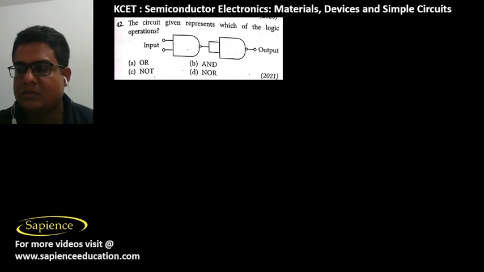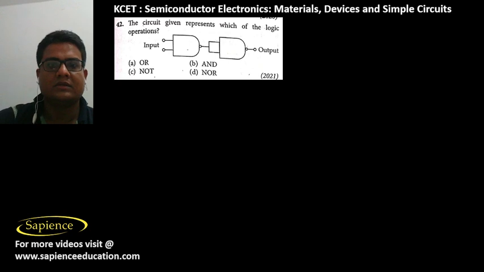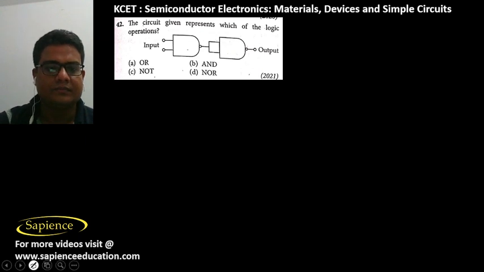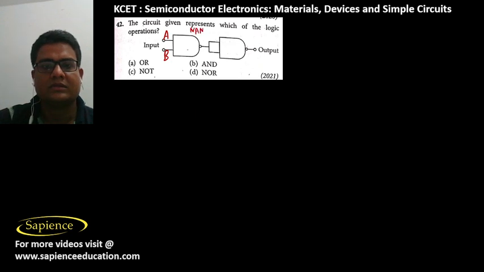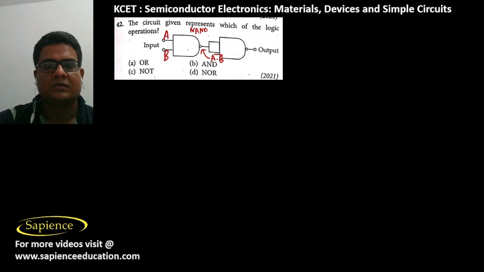In question number 42, it is told that the circuit given represents which of the logic operations. So here, let's suppose the input is A, this is B, and it is a NAND gate, here also it is a NAND gate, so this is (A and B)'.